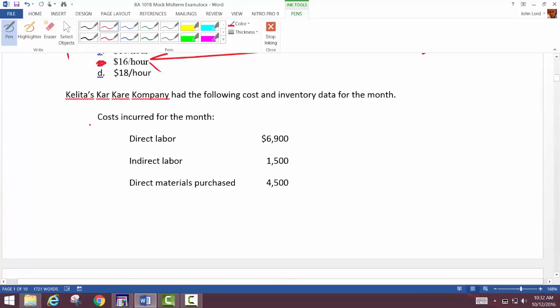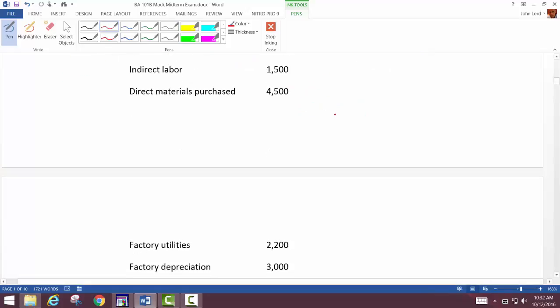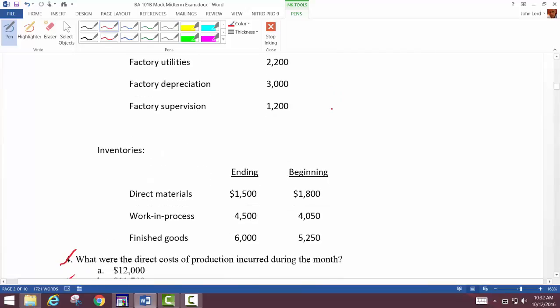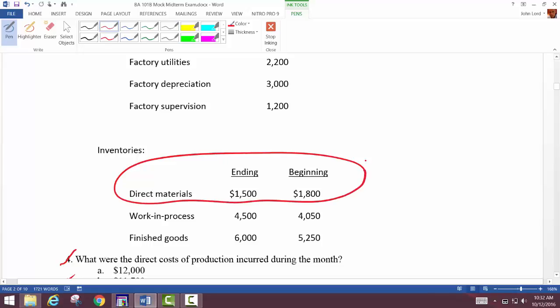They gave me direct labor as a freebie, didn't they? 6,900. But when I tried to figure out my direct materials, they weren't quite as generous. They gave me some information, and I had to figure out what my direct materials used for the period were, didn't I?